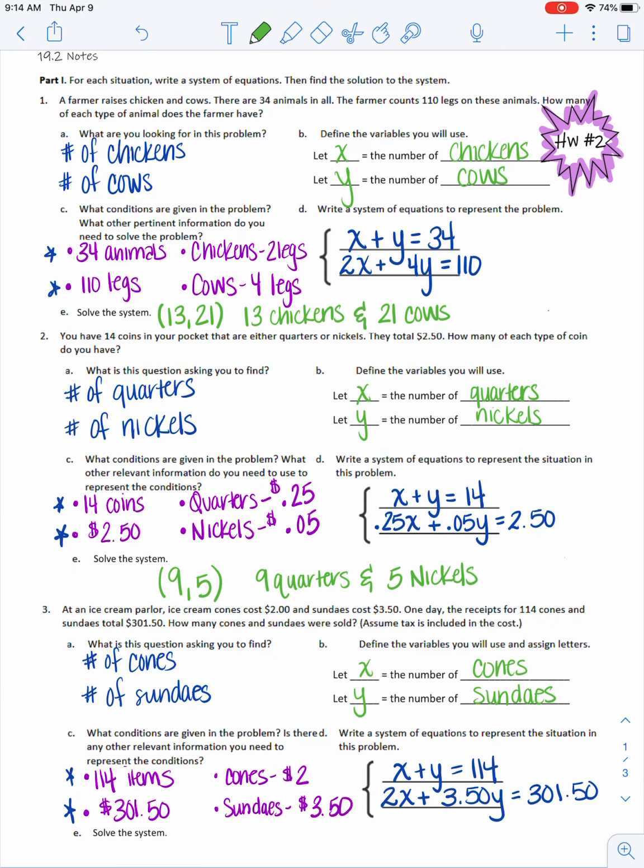So I'm going to go back and write that in the notes: 65, 49. Again, that doesn't mean anything in the context of the problem, so we have to give it context. Since x is the number of ice cream cones, we have 65 cones. And since y is the number of sundaes, we have 49 sundaes.